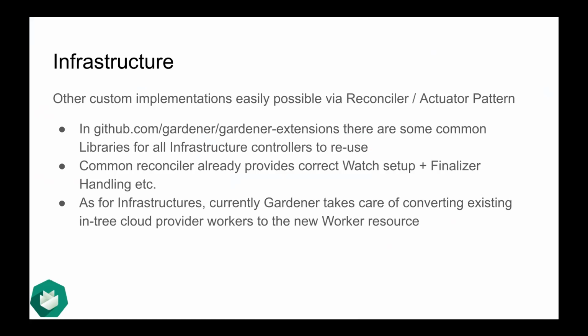And you as an implementer of such an infrastructure just have to implement an actuator interface. With this actuator interface, you just have to make sure that whatever you have in your custom provider spec, you create the appropriate infrastructure in your backing cloud provider or wherever it makes sense.